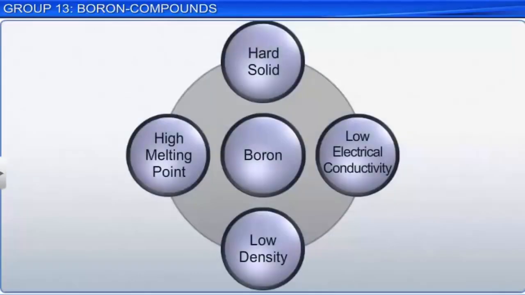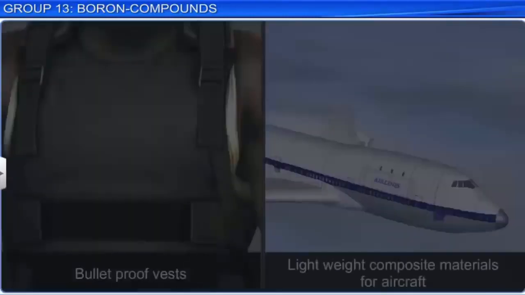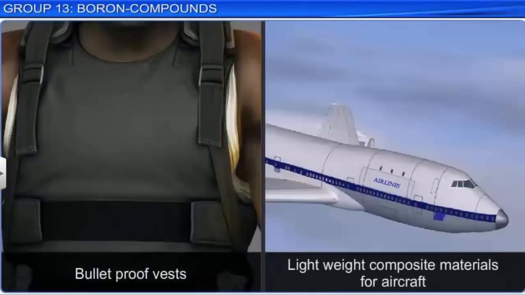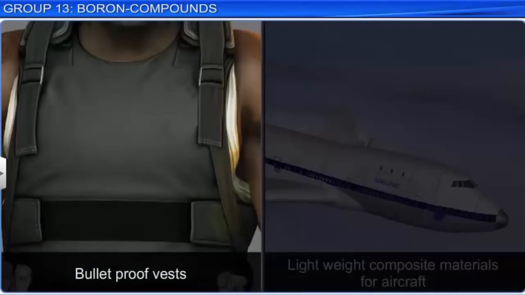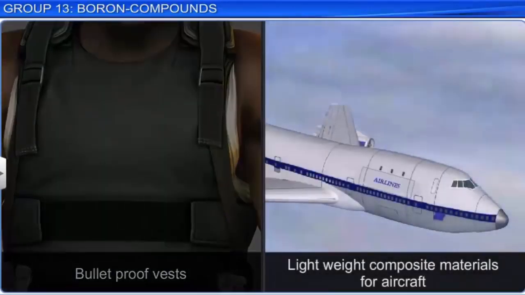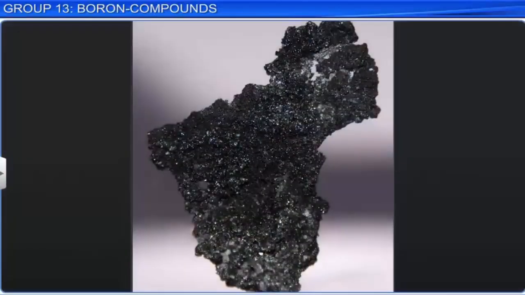Boron has a number of applications because it is a hard solid with a high melting point, low density, and low electrical conductivity. Boron fibers are used to make bulletproof vests and lightweight composite material for aeroplanes. The boron-10 isotope has a high ability to absorb neutrons.